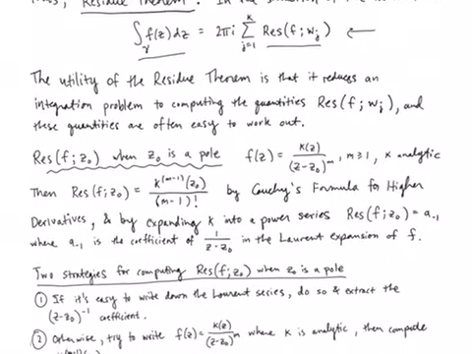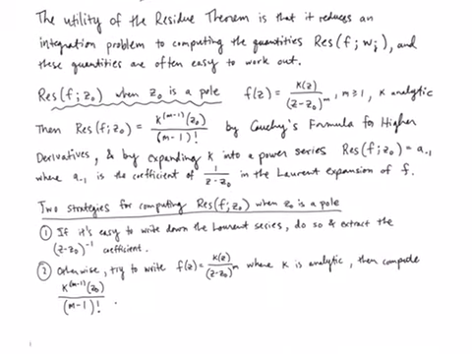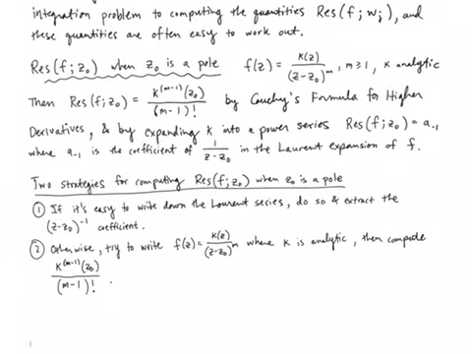One instance we worked out a little bit last time at the end was the case where your singular point is a pole. Remember, a pole is where the norm of the function blows up to infinity as you approach that singular point. What we worked out is that in that case, you can always write your function as an analytic function k divided by (z minus z0) to the m, for some positive integer m.